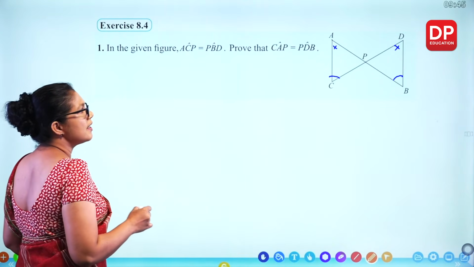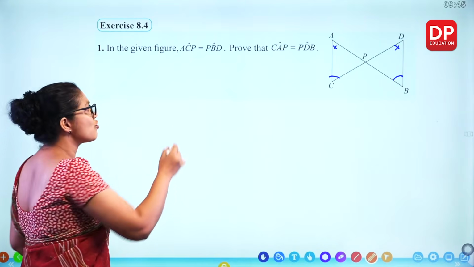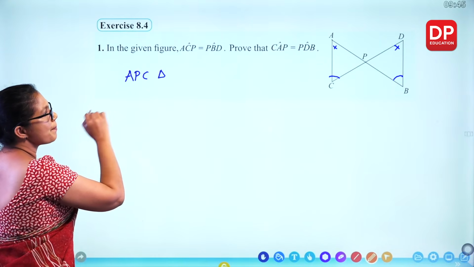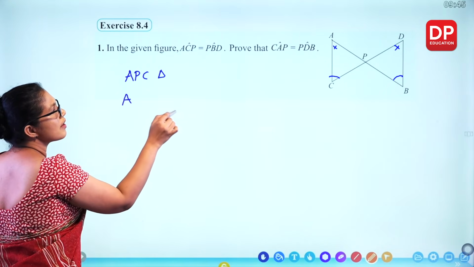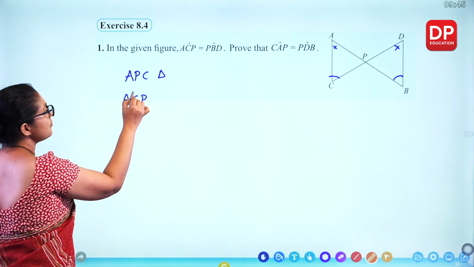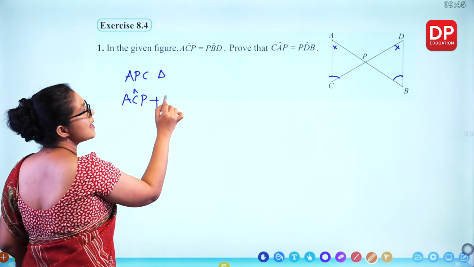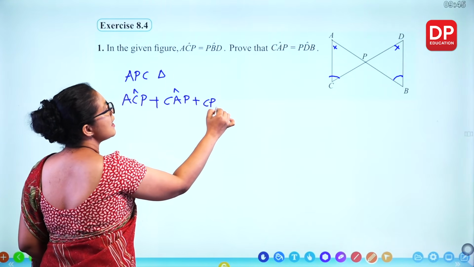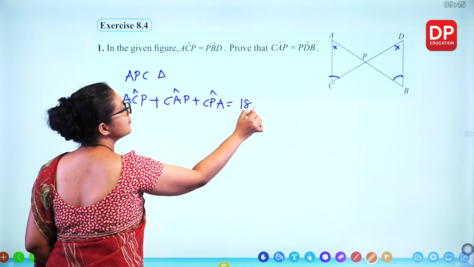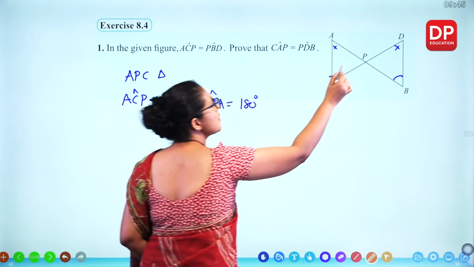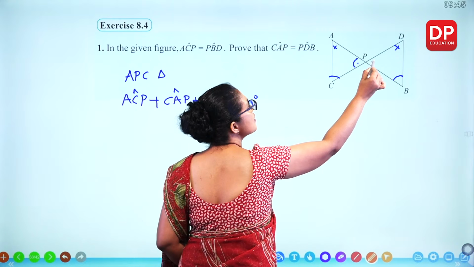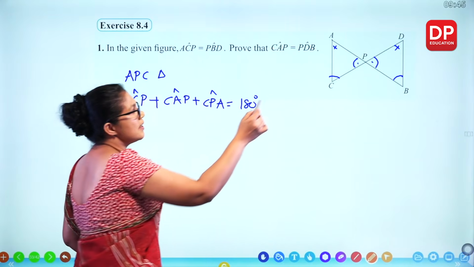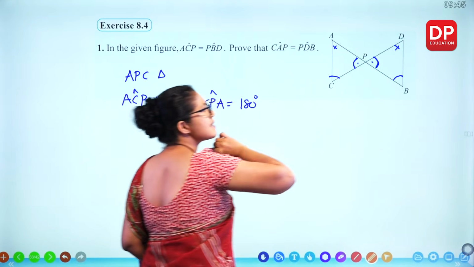What can you say? Here, if you take APC triangle, we know that ACP plus CAP plus CPA angle is 180. But we know this angle is equal to this. So what's the rule? Here, vertically opposite angles are equal.